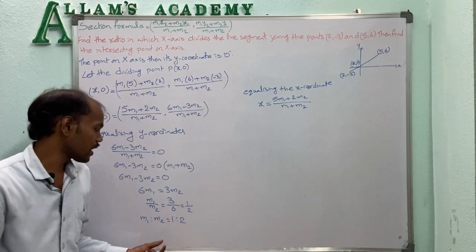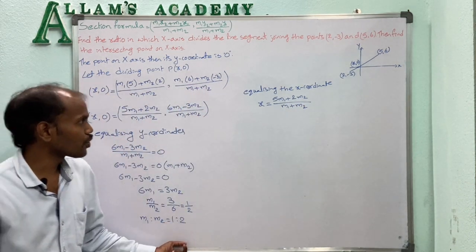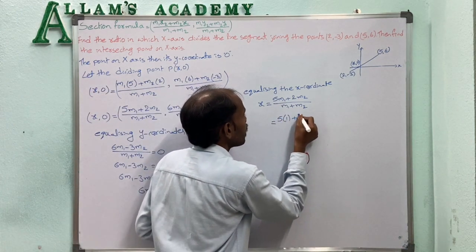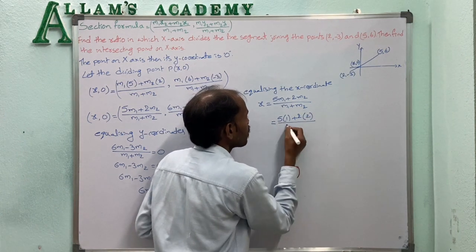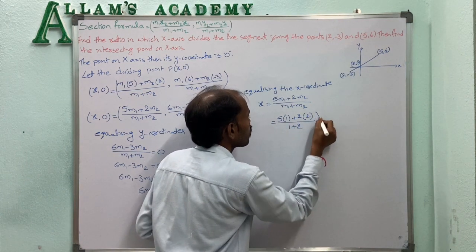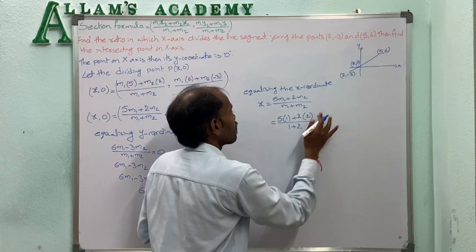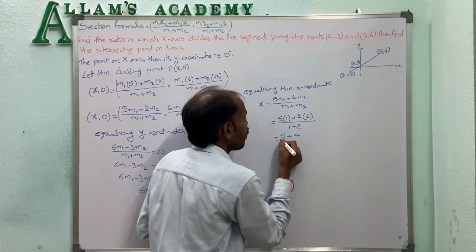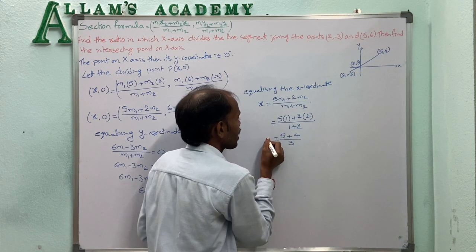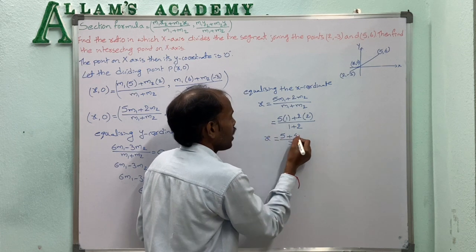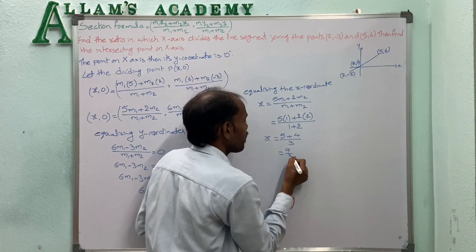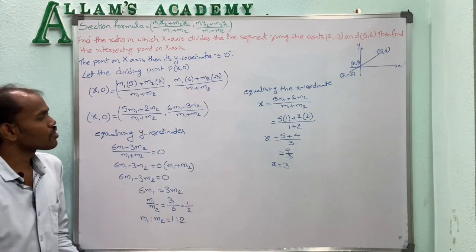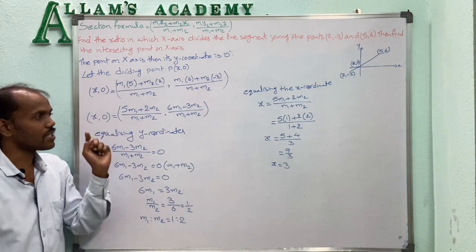Now we know the m1, m2 values are 1, 2, so the ratio is 1 is to 2, so we substitute m1 as 1, m2 as 2. 5 into 1 plus 2 into 2 by 1 plus 2. So 5 ones are 5, 2 twos are 4, by 3. So 5 plus 4 is equal to 9. 9 by 3 is nothing but 3. So the x value is 3.